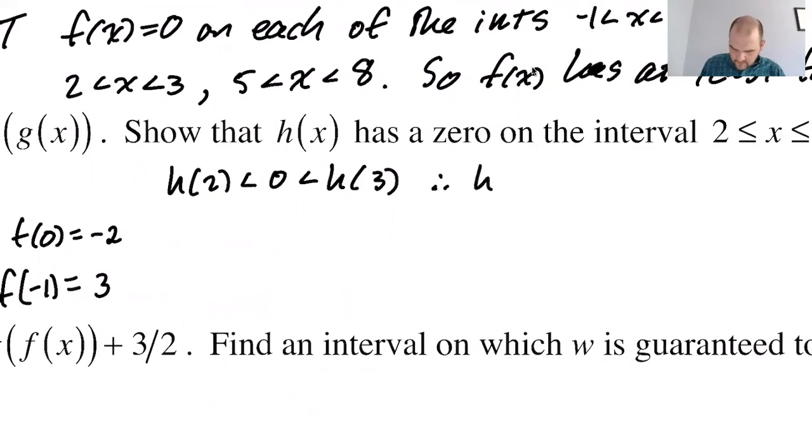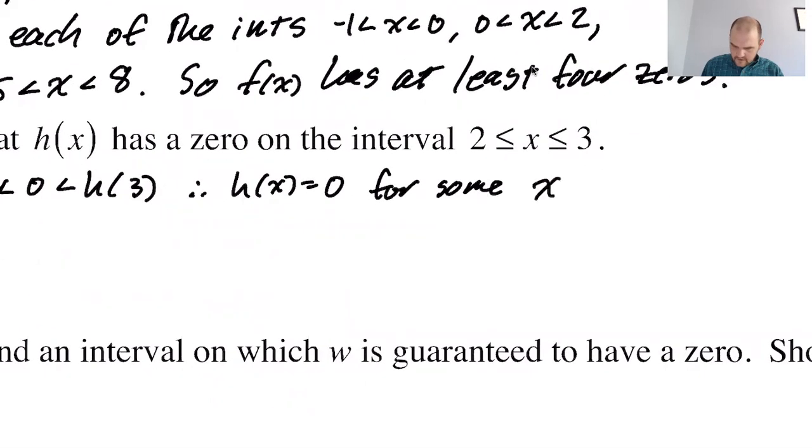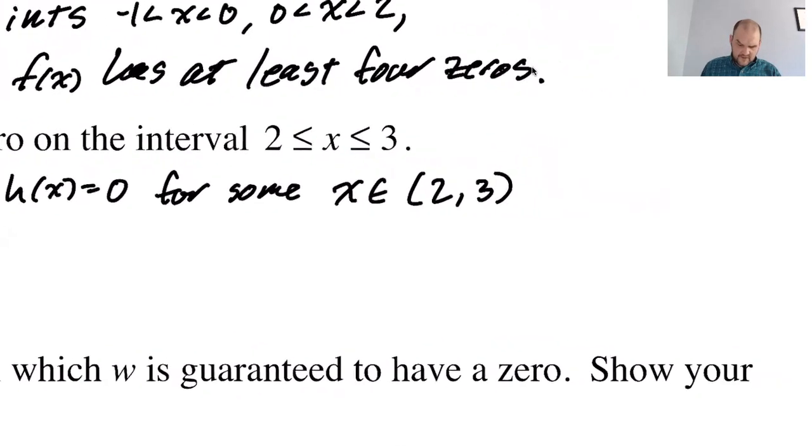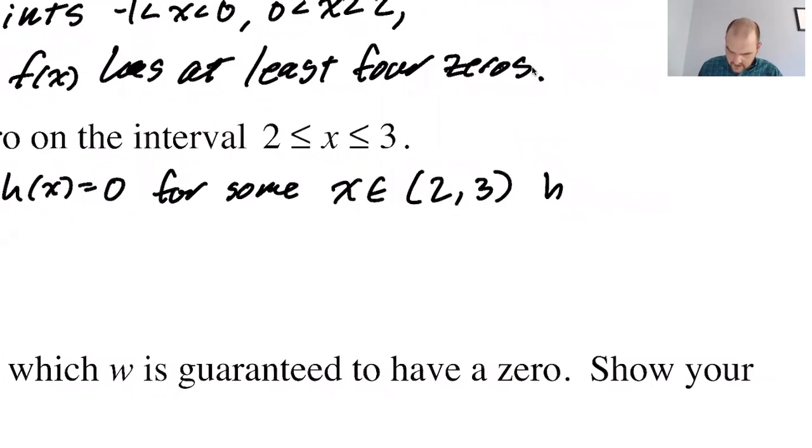Therefore, h of x equals 0 for some x element of 2, 3. I go back and forth on the element of and the inequalities. It's your call. Do what you want, as long as you're doing it right. For some x element of 2 to 3 by IVT.